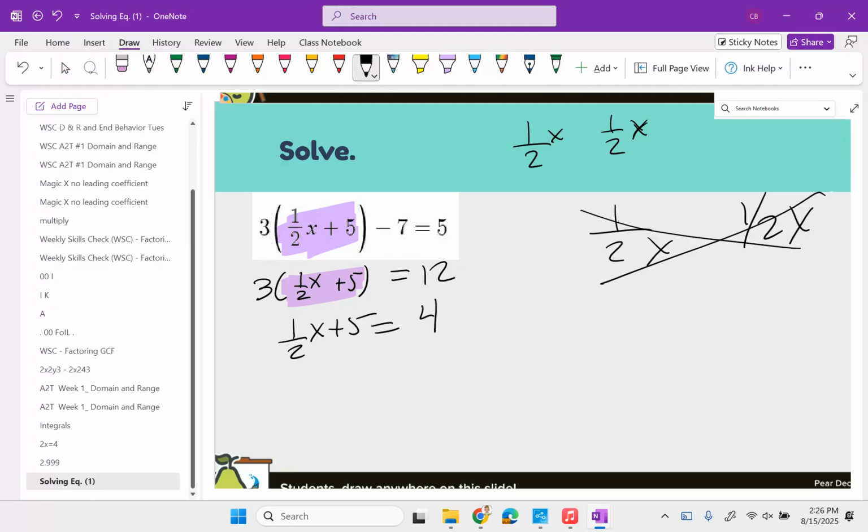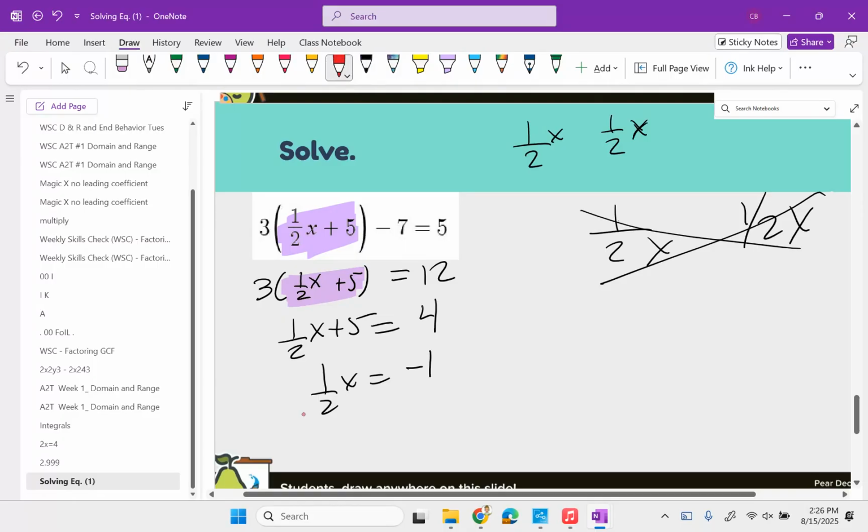Now we're basically going to do the same thing again, aren't we? Because it's now another 2-step equation. All right, what number gets moved next? 5. How do I move the 5? Subtraction. So what's 4 minus 5? -1. All right. What type of operation is that symbol?